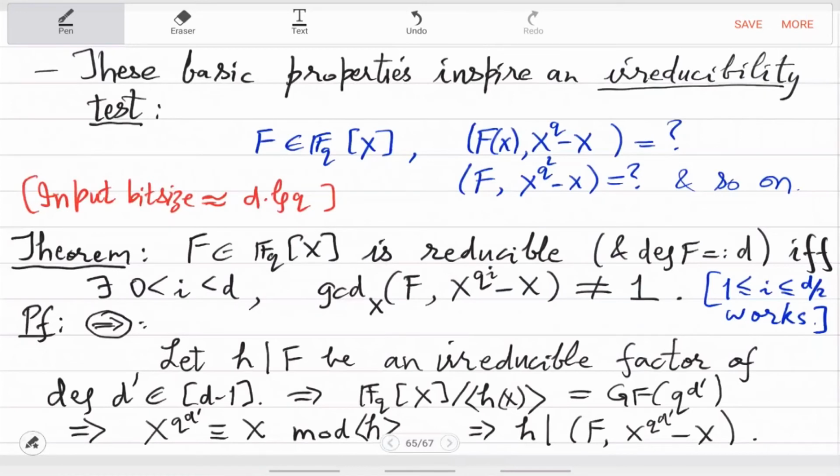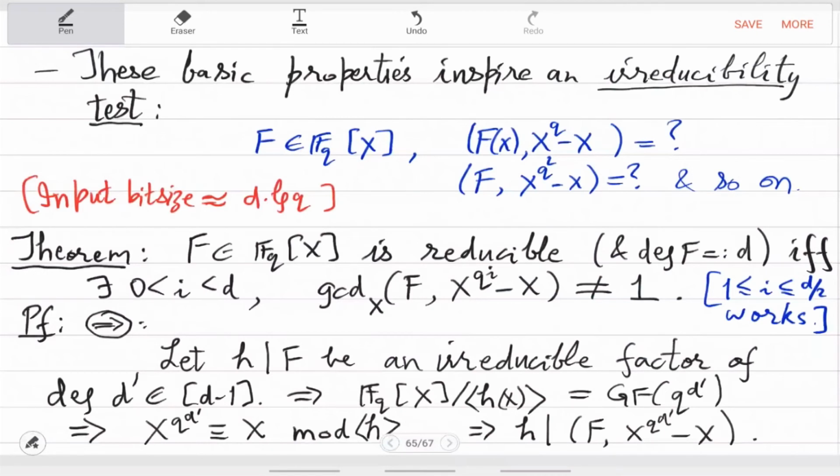That is a good characterization, because if you look at the converse, what is the degree of the irreducible factors of x to the q to the i minus x? They are irreducible polynomials of degree dividing i.